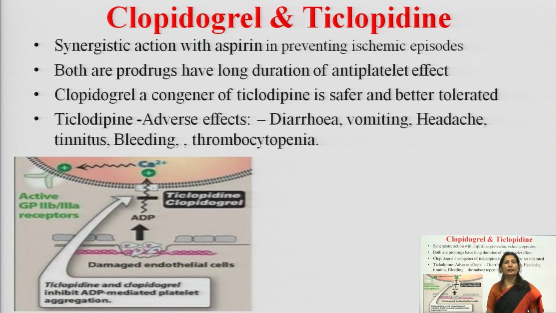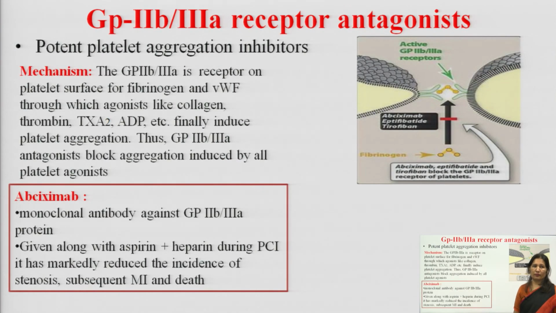Clopidogrel and ticlopidine have a similar mechanism of action. They have synergistic action with aspirin in preventing ischemic episodes. They have the same mechanism: they block the ADP receptors and inhibit platelet aggregation.